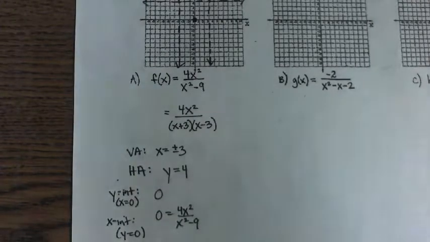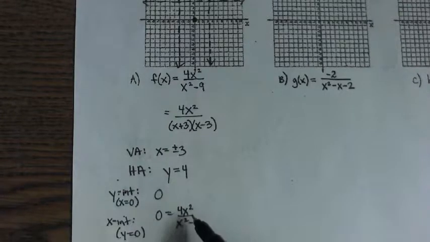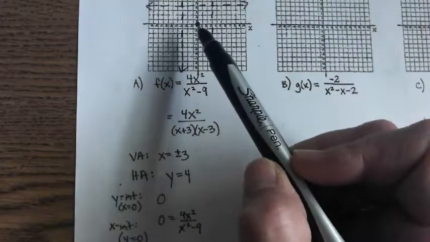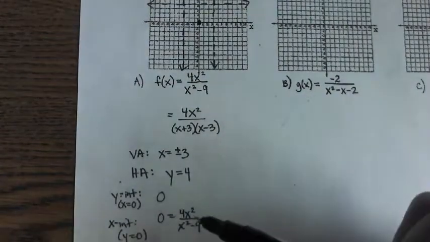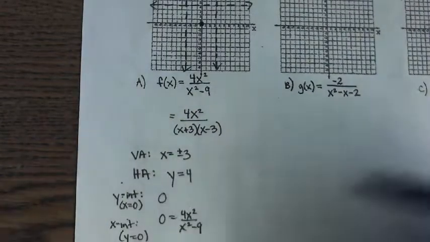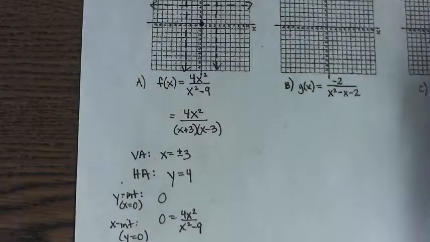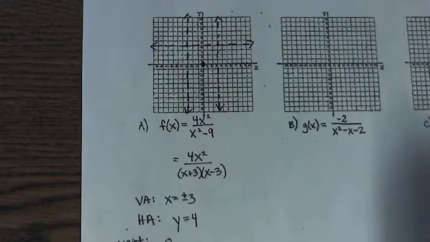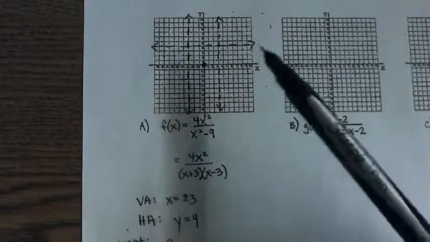What's the only way a fraction equals 0? If the numerator is 0. And this numerator will be 0 at an x value of 0, which we've already accounted for. And so we can assume that there are no other x-intercepts. They would have surfaced. Okay? And so we don't have any more.